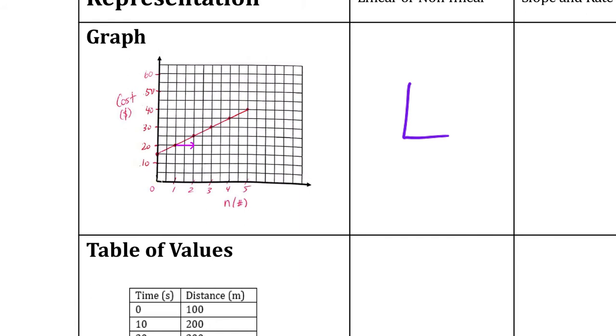Don't count grid lines. Look at your scales. So if I look down at the bottom on my horizontal scale, I notice that I only went across 1 unit. 2 grid lines, but it was only 1 unit. Now I go up, and if I look at my scale on the left side, up 1 grid line would be 5 units.